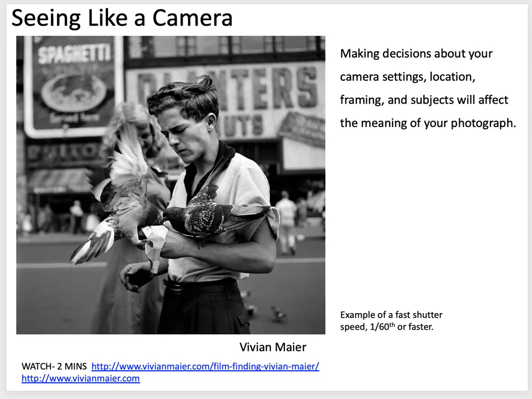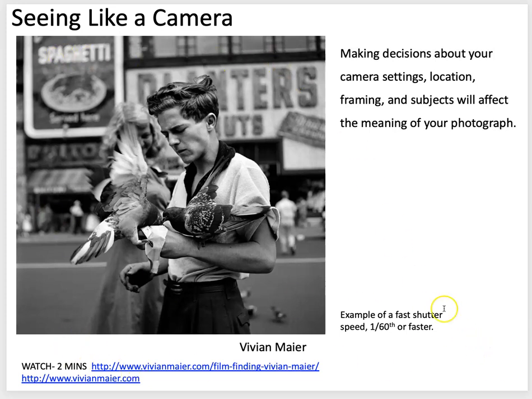She was someone who never showed her photographs while she was living, and a person like you or I came across them at an estate sale and purchased a box of negatives for $300, $400, and it changed that person's life. She's now, I don't know if I want to say sought after, but she's caused a ripple in the idea of the history of photography. You can learn more about her if you choose.